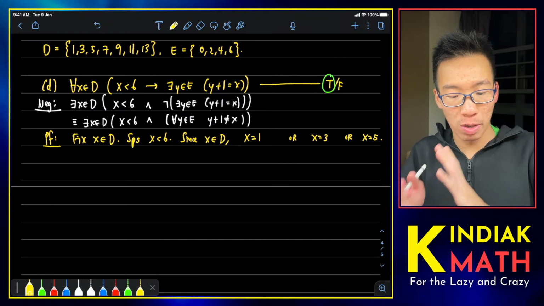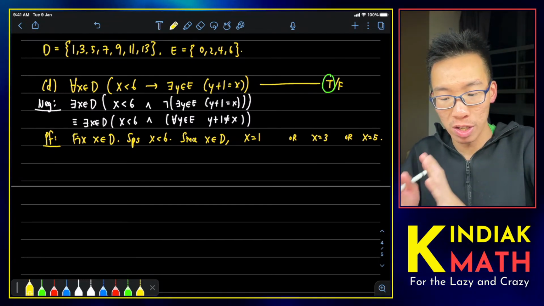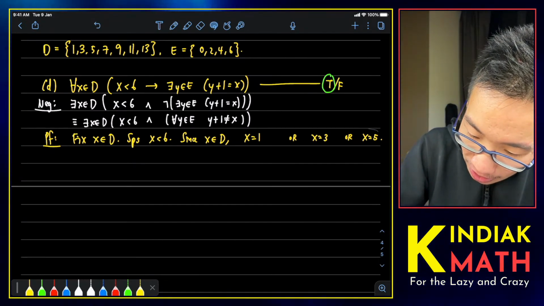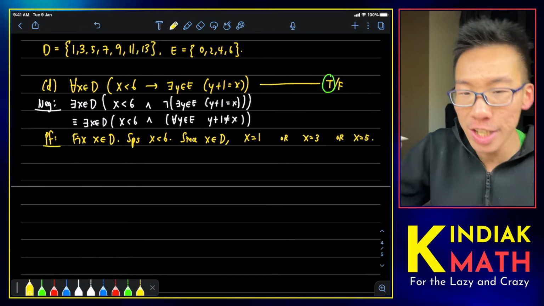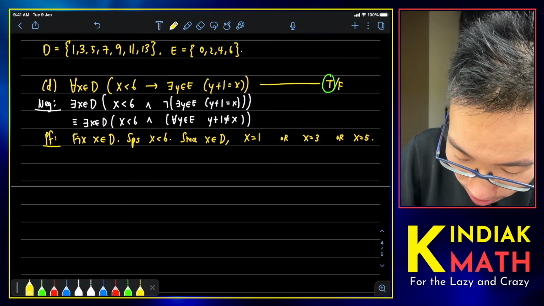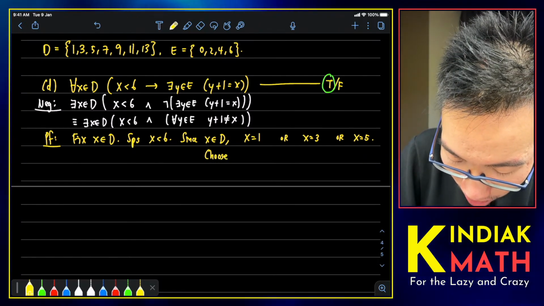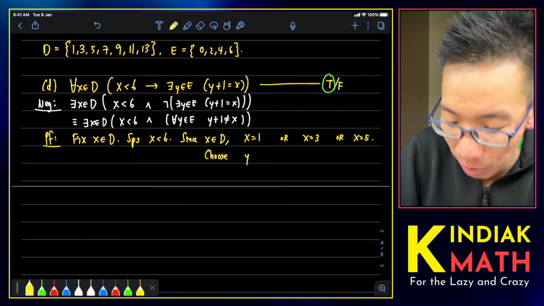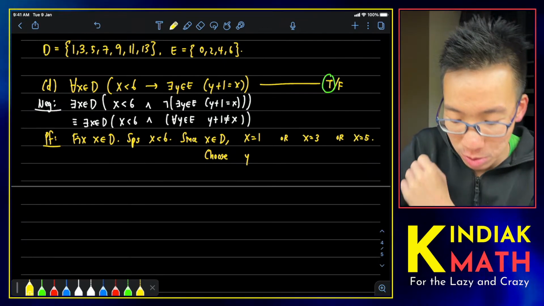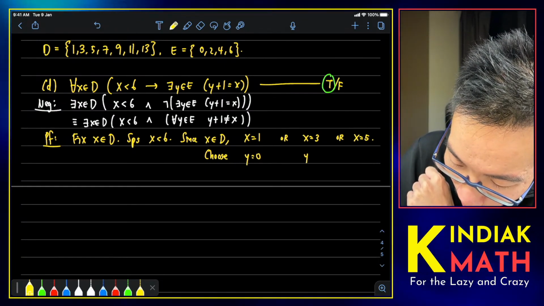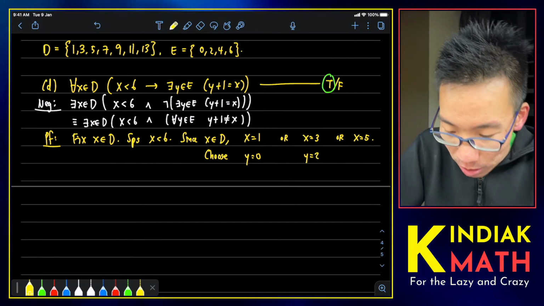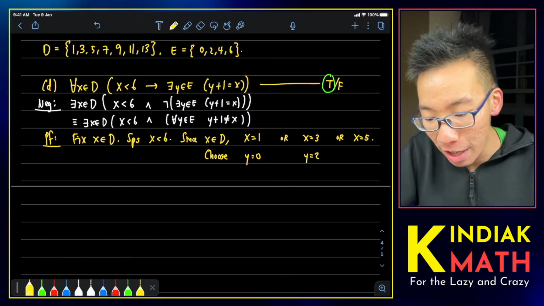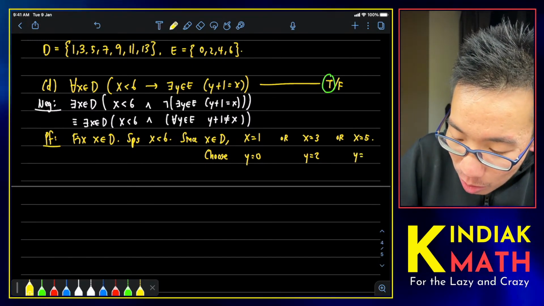If x is in D and it's smaller than 6, then it has to be one of these 3 options. In each case, we choose y. If x equals 1, I'm going to choose y equals 0. If x equals 3, I'm going to choose y equals 2. And if x equals 5, I'm going to choose y equals 4.